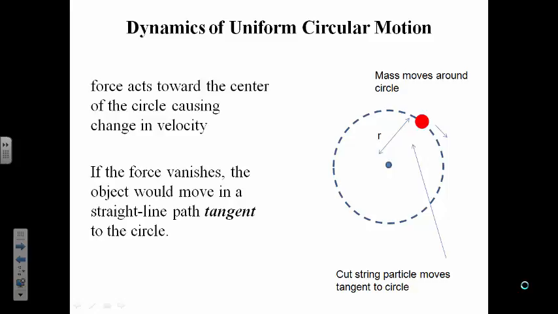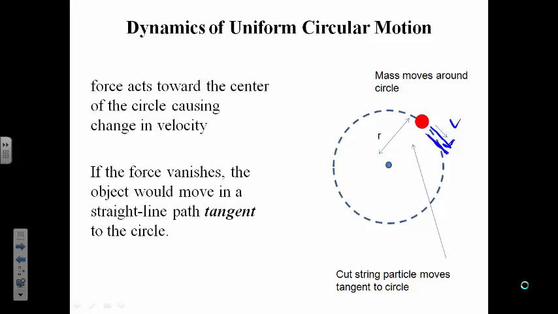Well, this ball had its velocity in this direction. As soon as you remove the force, Newton's first law tells us this thing wants to continue doing what it was doing. If its v was tangent to the circle at that point, then it's going to continue moving in a straight line path, tangent to the circle, at some constant speed until something else acts upon the ball.